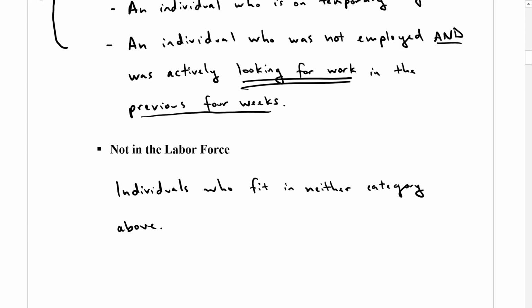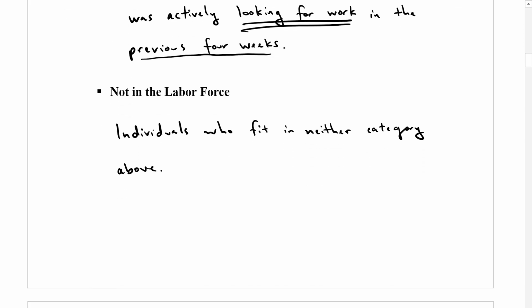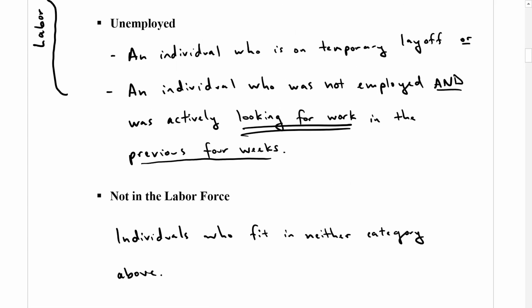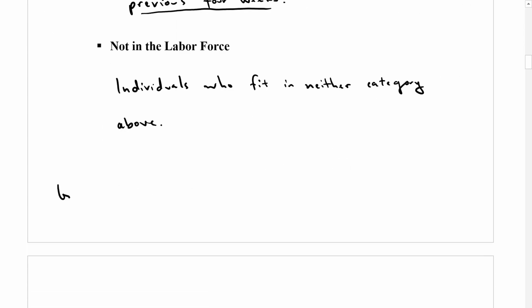Just try to think of the number of categories of people who fit into this not in the labor force idea. And then actually one last thing is that between the labor force and those not in the labor force, that's how we'll get our adult population.